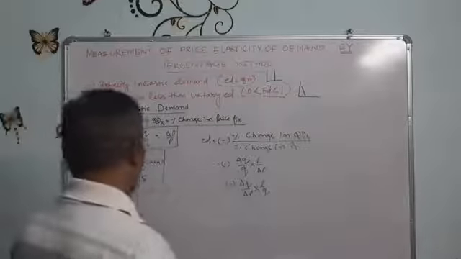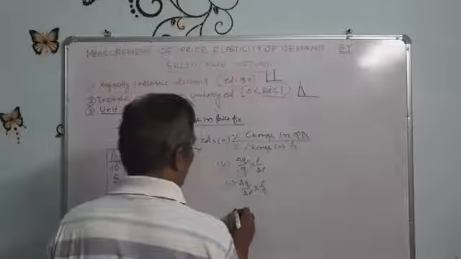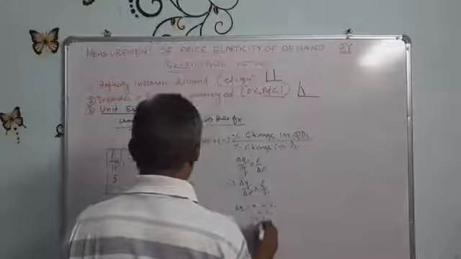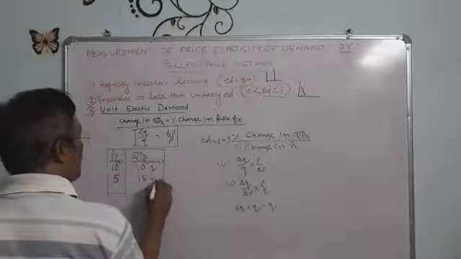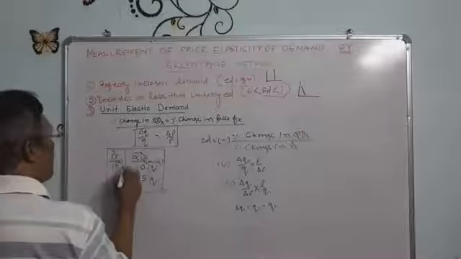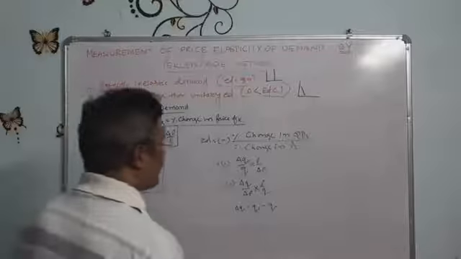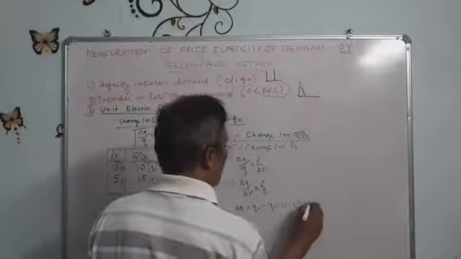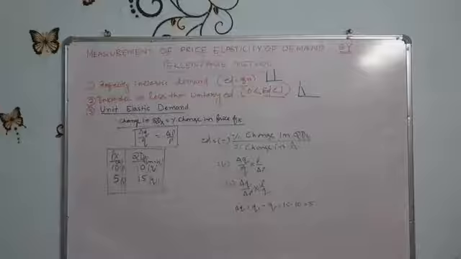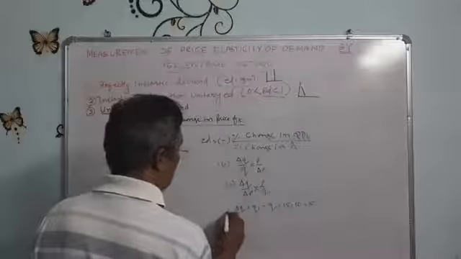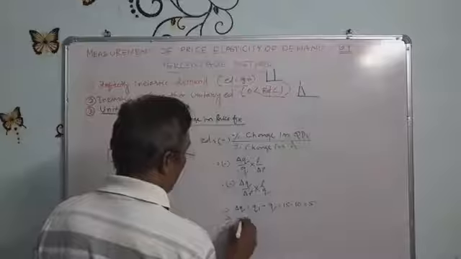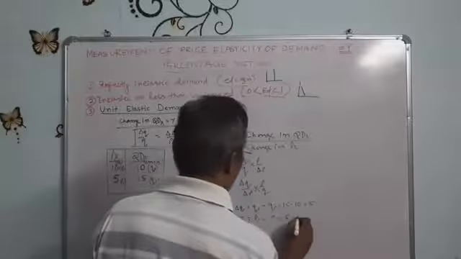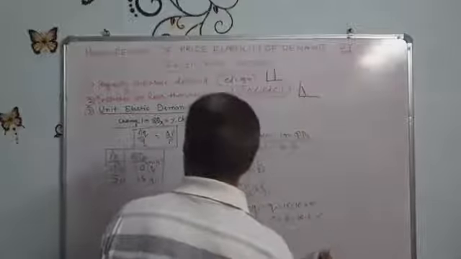So how much is delta Q here? Delta Q equals Q1 minus Q. This is Q and this is Q1, and this is P, this is P1. So Q1 minus Q equals 15 minus 10 equals 5, and delta P equals P1 minus P equals 5 minus 10 equals minus 5.